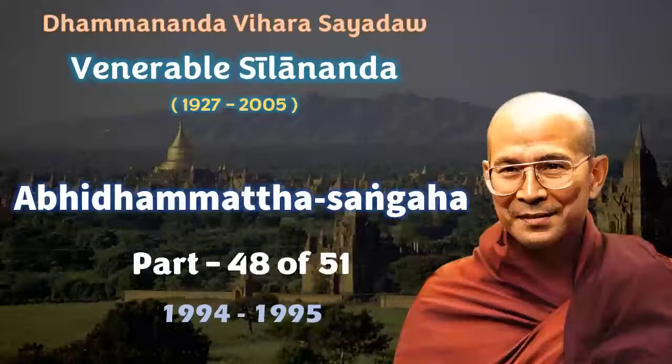So cetana in kamavacara kusala 8 is a condition for mahavipaka 8 and upekkha santirana in kama sugati. Do you know kama sugati? Kama sugati means human beings and devas, right?